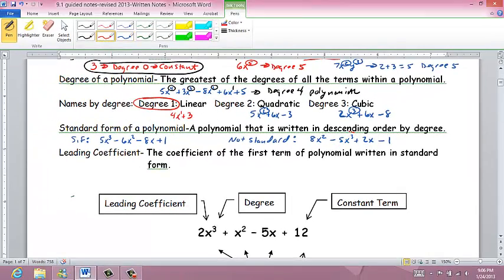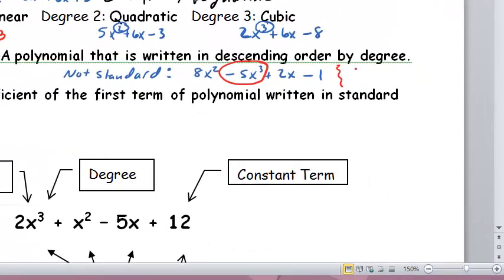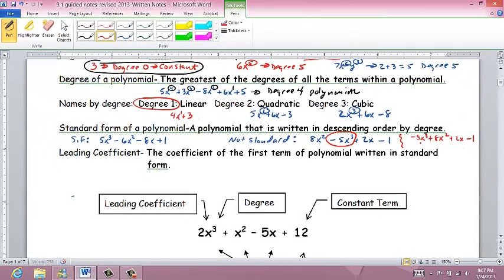Okay, we know this term would have to go first, but we always have to keep in mind the sign to the left of the term. So if we were to write this in standard form, negative 5x to the third would go first. You have to see that the sign to the left is negative, plus 8x squared, plus the 2x, and then minus the 1. Now it is written in descending order by degree.